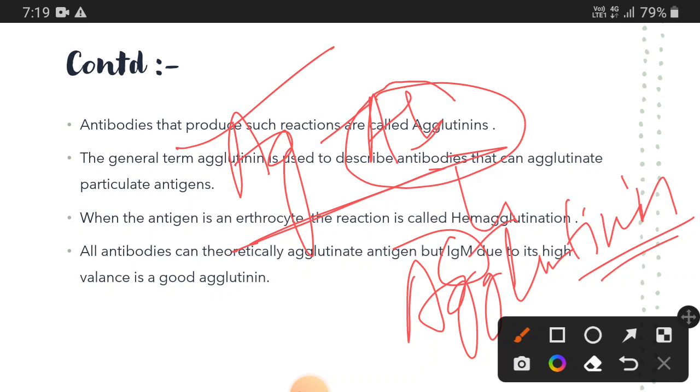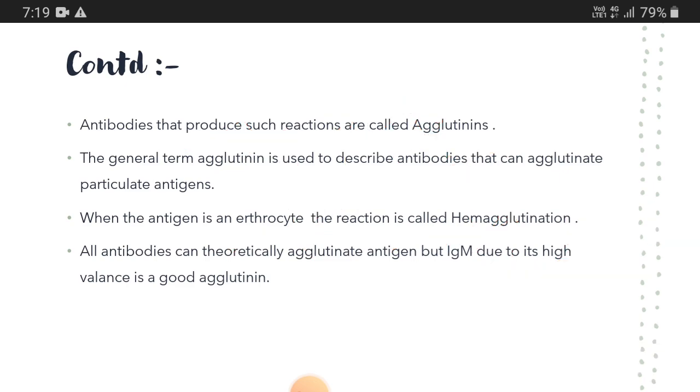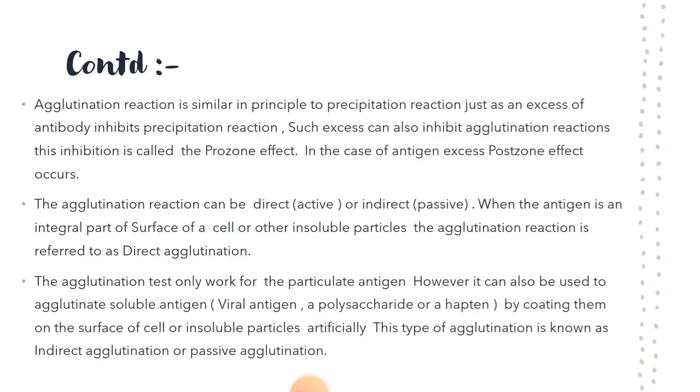Because we all know that IgM is a pentamer, right? So that is the reason why it has a higher valency, and that is why it can form cross-linking of antigen, which leads to the formation of agglutination.